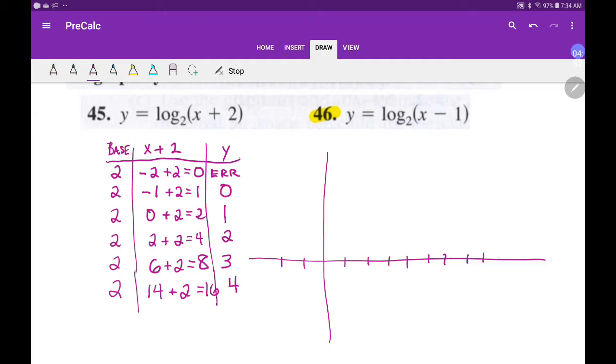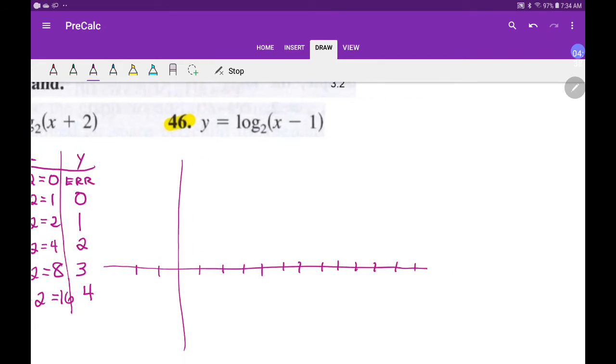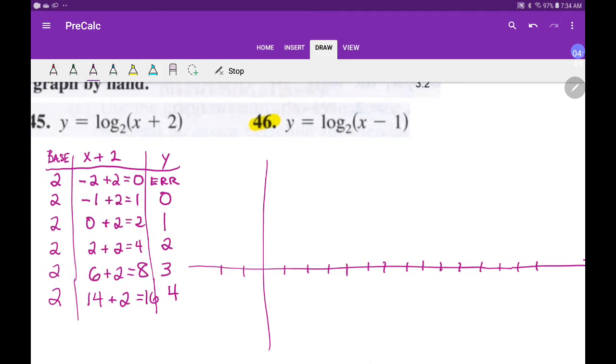Or no, 9, 10, 11, 12, 13, 14. Cheating a little bit, but not too bad. And this is my y-axis, and I'm going to say 1, 2, 3, 4. All right, so what's going on here?